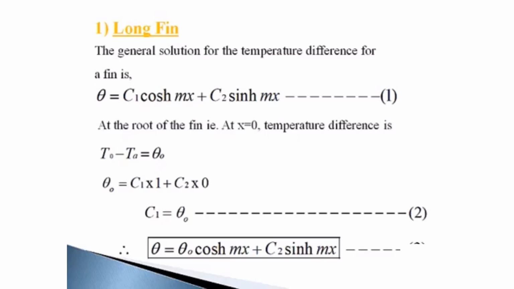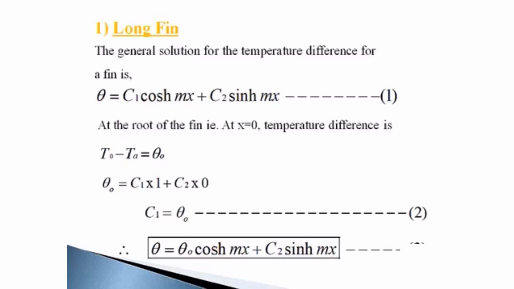When the fin is long, as the heat flows along the length, heat is also getting conducted away from the surface. When it comes to the end, there will not be any temperature difference at the end. The temperature considerably decreases. Such a fin you can consider as a long fin, where the temperature difference becomes zero.